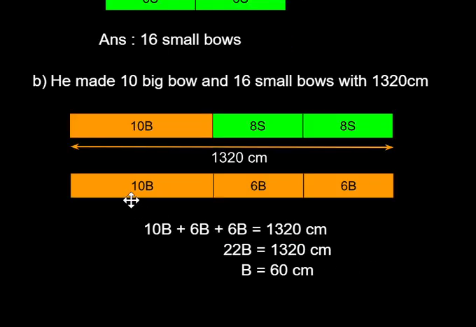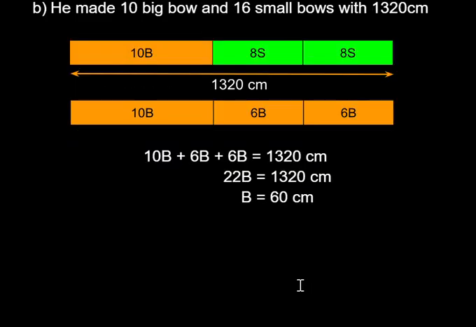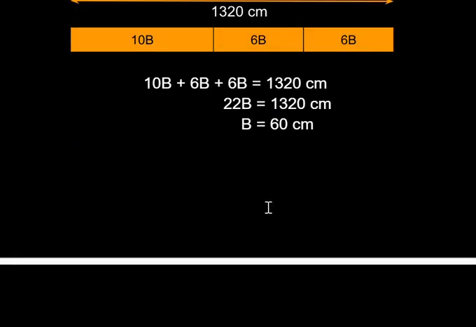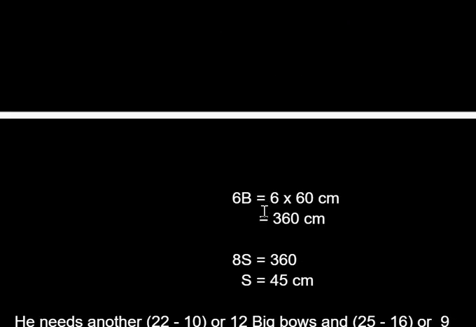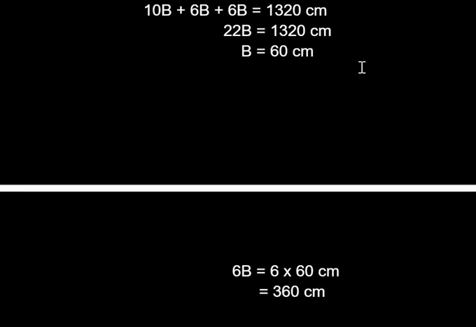From here, it is very clear that 22 big is equal to 1320 centimeters, and hence one big bowl will require 60 centimeters. Once we know the length of one big bowl, 6 big bowls give 360, and because 6 big bowls can make 8 small bowls, 360 divided by 8 gives 45. So a small bowl requires 45 centimeters and a big bowl requires 60 centimeters.